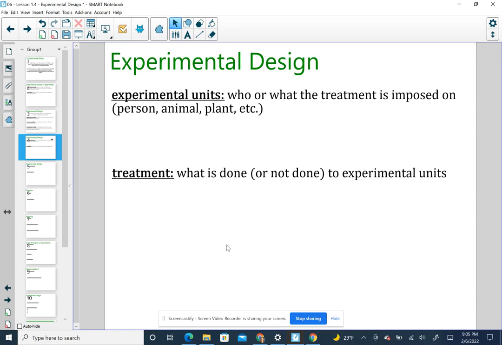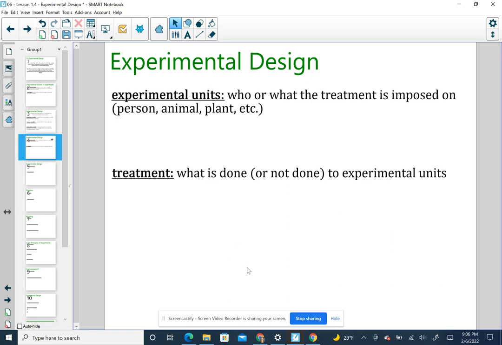The experimental units, who or what the treatment is imposed on, so what we're actually experimenting with, would be the cake batter. That's where we are changing the pan type, and the cake batter is what the treatment's actually being applied to. So the treatment in that case would be the different cake pans. Okay, so there's just a little example of those.